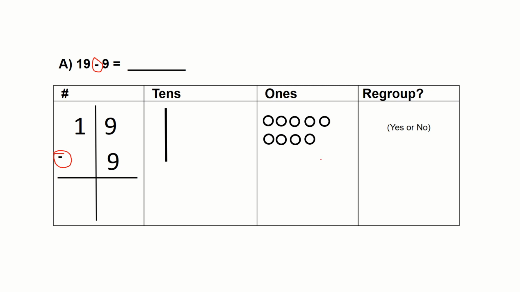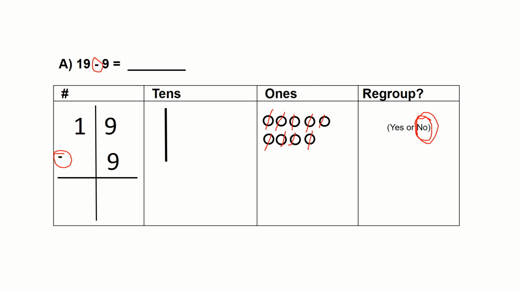So that means I don't need to borrow because I have enough, and I'm going to circle no. I do not need to regroup. So I'm just going to take away 9. 1, 2, 3, 4, 5, 6, 7, 8, 9.